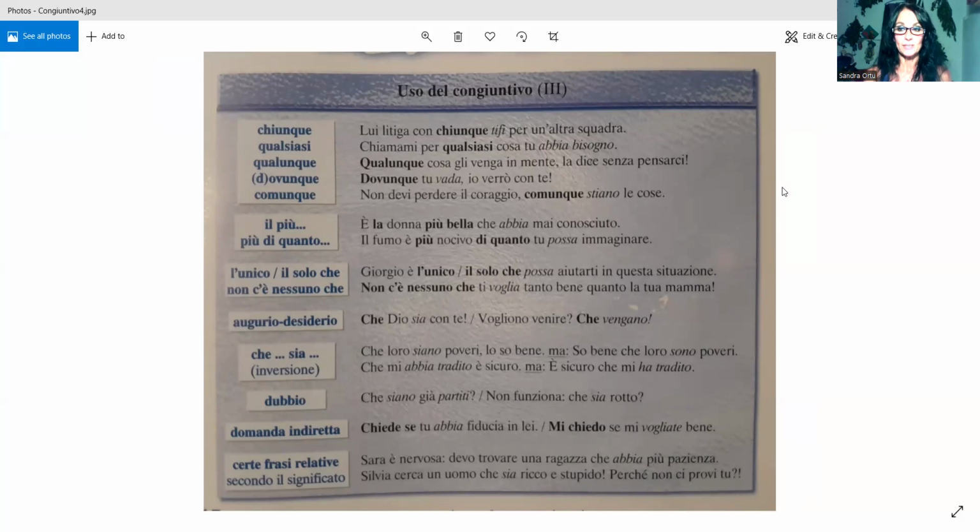So we use subjunctive or congiuntivo after all those verbs which express doubt or feelings or opinions, subjective, obviously personal opinions, fear and hope, etc. We also use subjunctive when we have impersonal expressions.